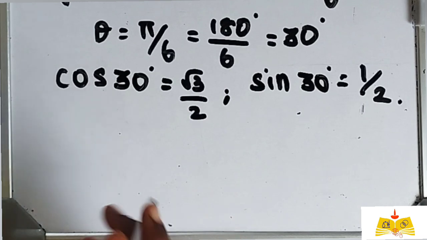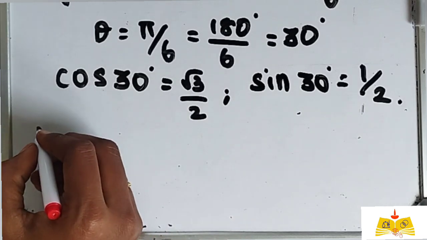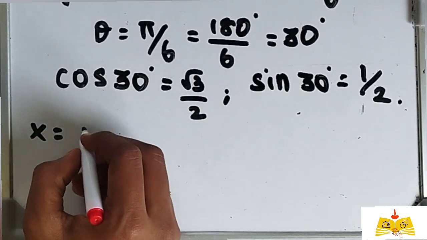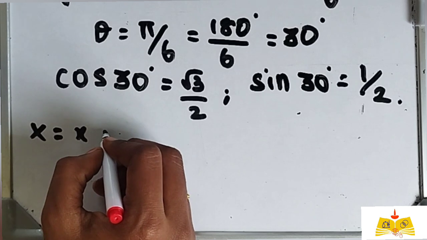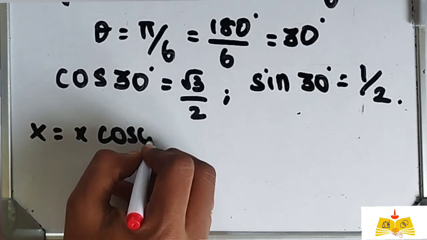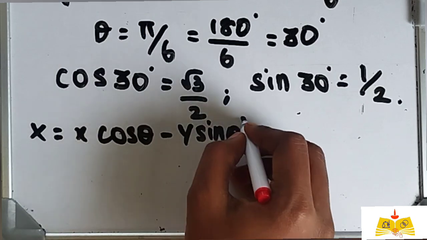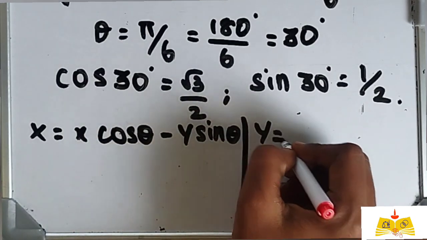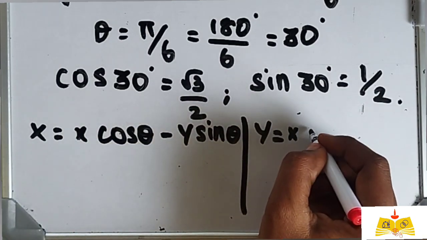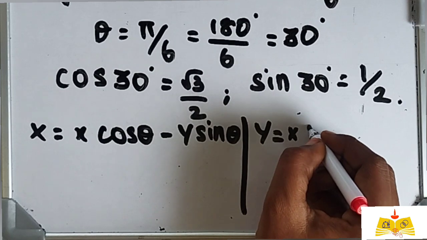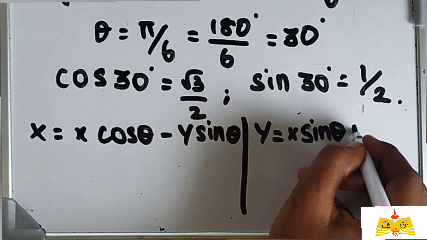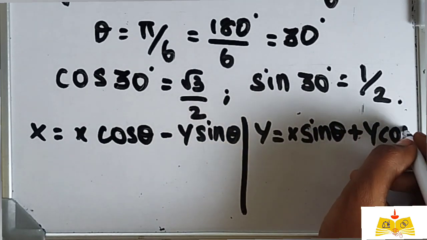Now we can write the equation. So x equals x cos theta minus y sin theta. Similarly, y equals x sin theta plus y cos theta, right?